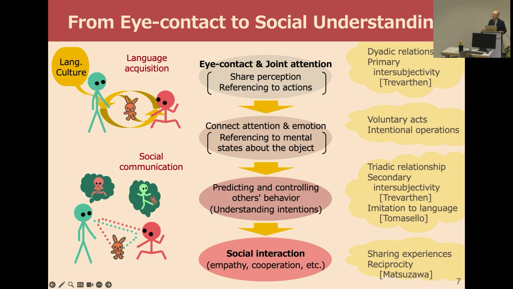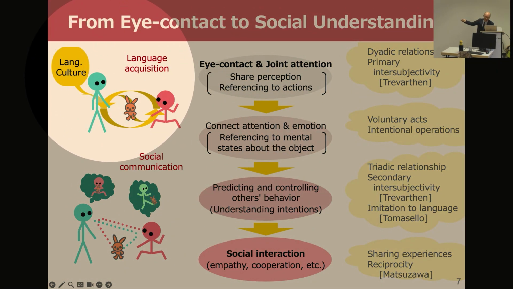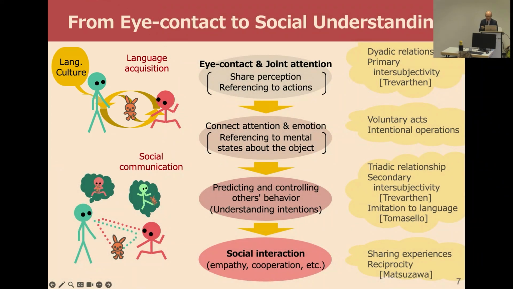As we saw in the previous video, eye contact and joint attention made a loop between two partners, one a human and the other a baby or baby robot. They can make a loop of actions, facial expressions, and vocalizations, while sharing the perceptual target.